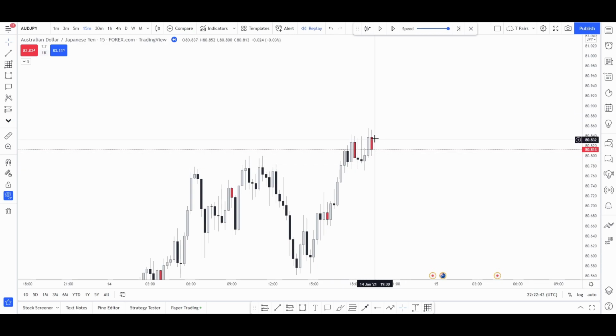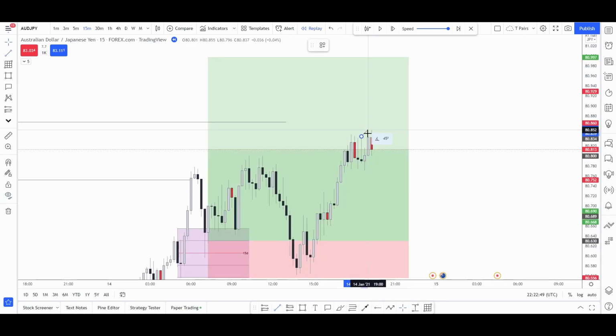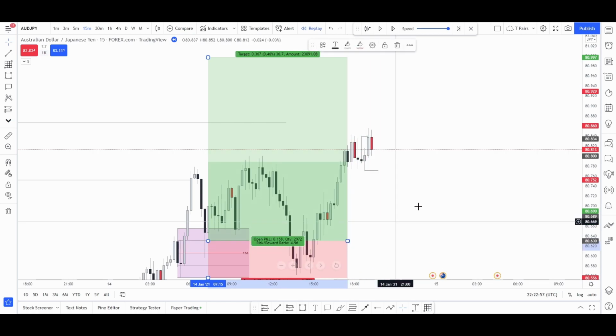And this is looking like a nice bit of a reversal, so I'm going to mark this on the chart. We're probably going to hedge.